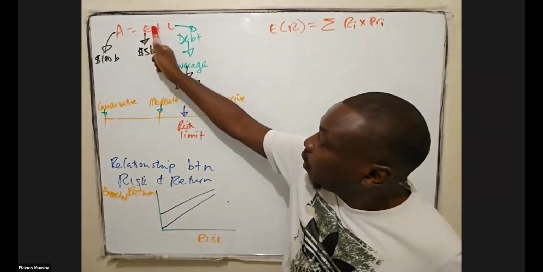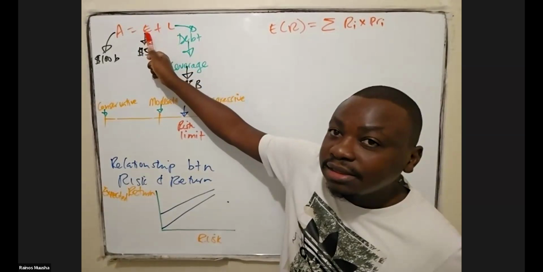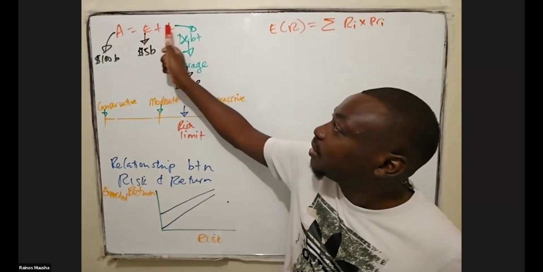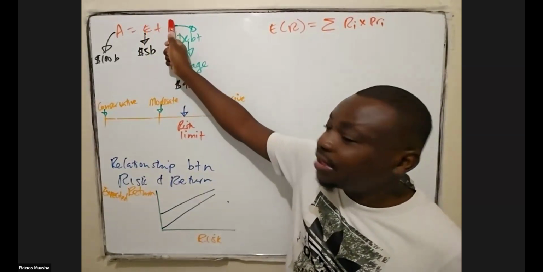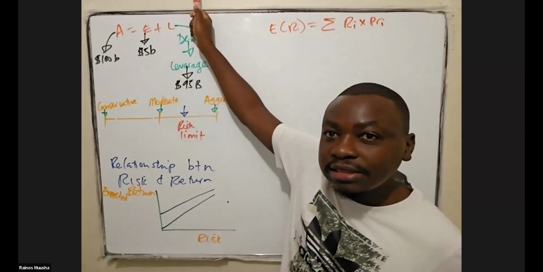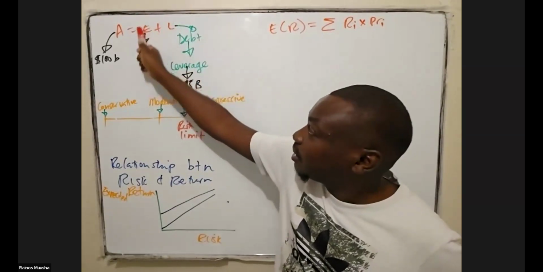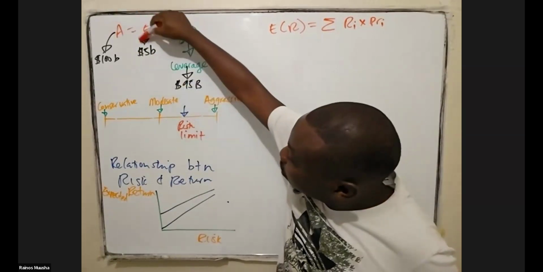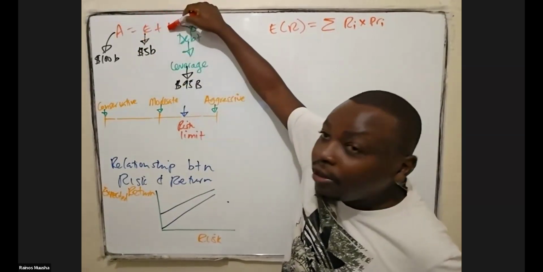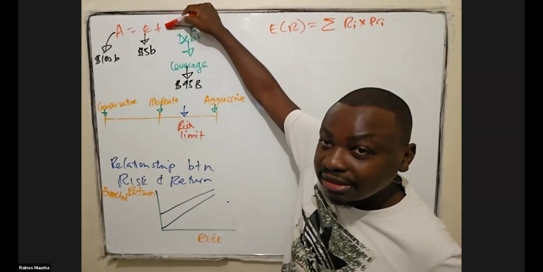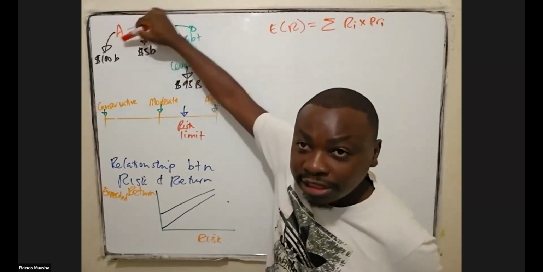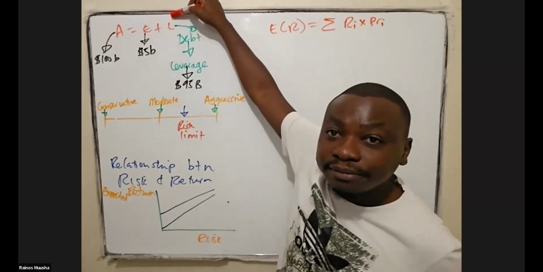If you lower your equity, what does that mean? The percentage of your debt is going to increase, isn't it? So if your equity goes down, the value of debt as a percentage of what? Of the total financing of the business goes up.